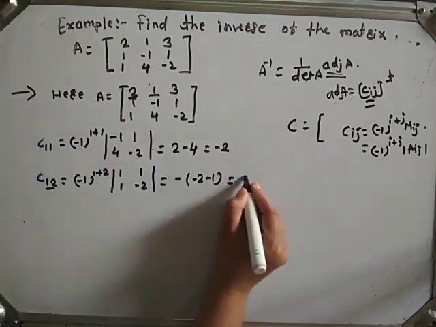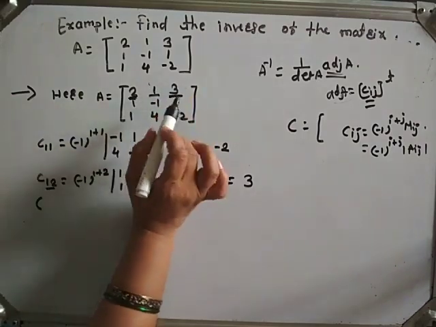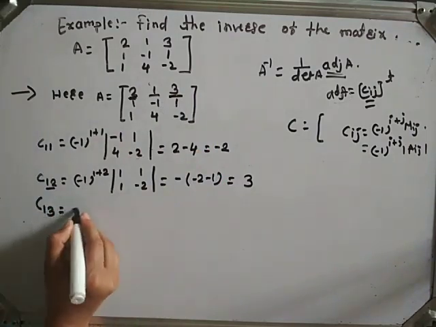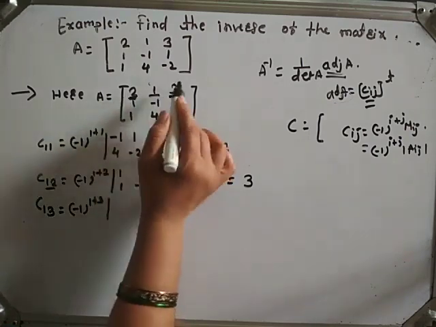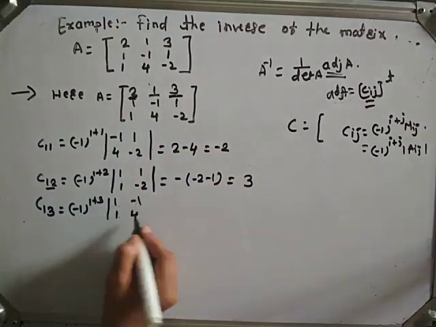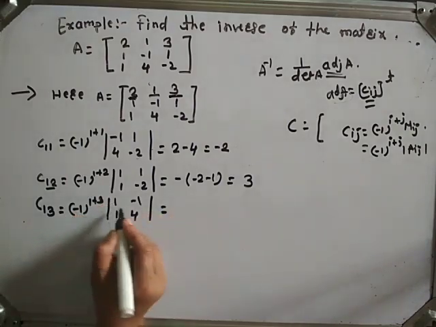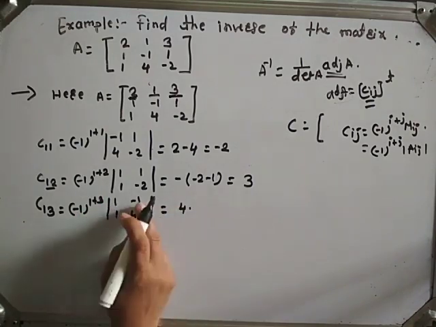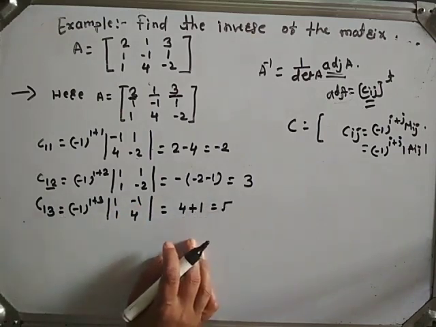So C12 is plus 3. Next find the cofactor of A13. So C13 is minus 1 raised to 1 plus 3 into the determinant of, deleting first row and third column, 1 minus 1, 1 4. Minus 1 raised to 4 is plus 1. 4 into 1 is 4, minus minus 1 becomes plus. This is 5. C13 equals 5.